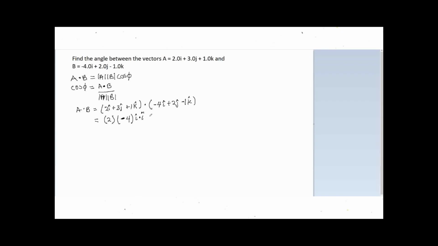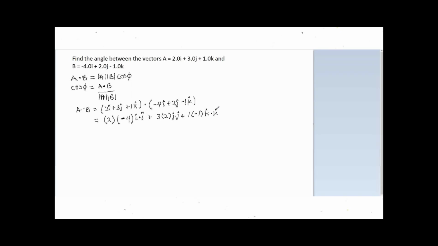Then plus 3 times 2, then we have j dot j. Then plus 1 into negative 1, then we have k dot k.